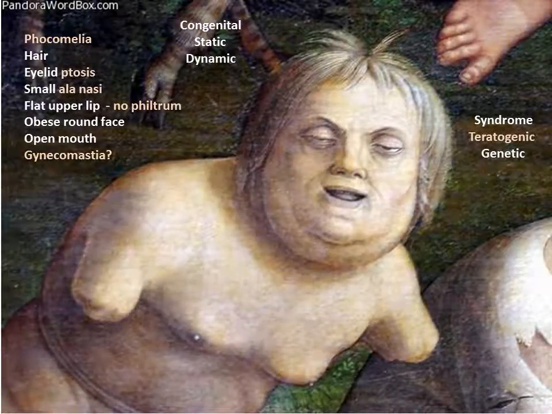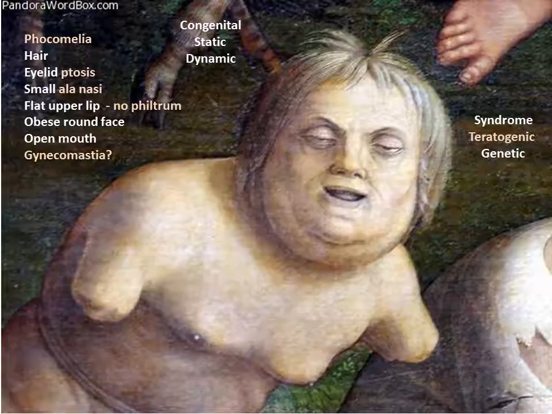So here it is. Here we see the patient in a bigger image. Notice that the left eye is slightly more open than the right. The teeth appear to be tiny. The upper lip is flat. There is no philtrum. These terms will be given at the end of this presentation.